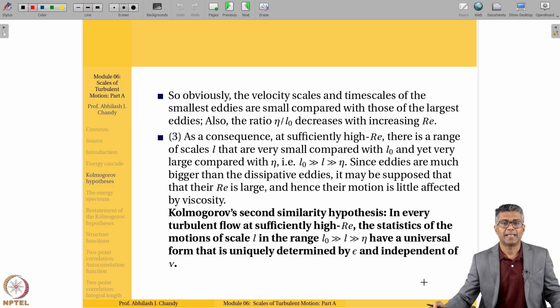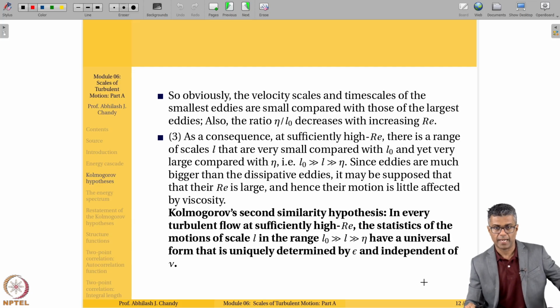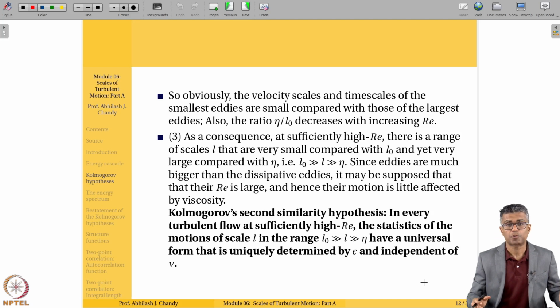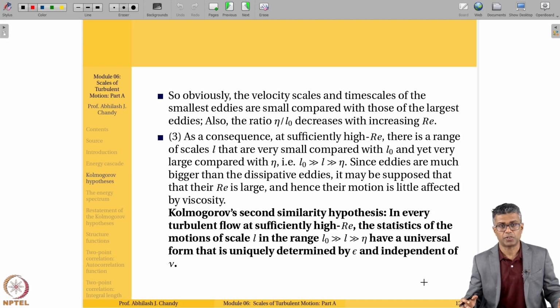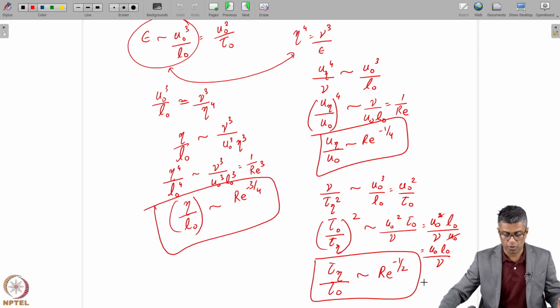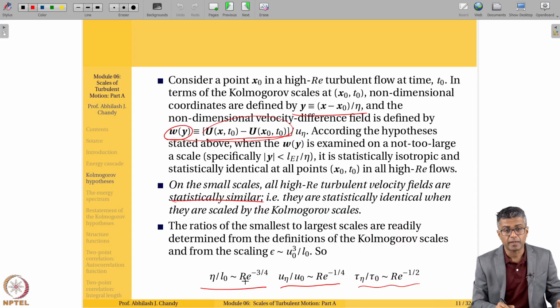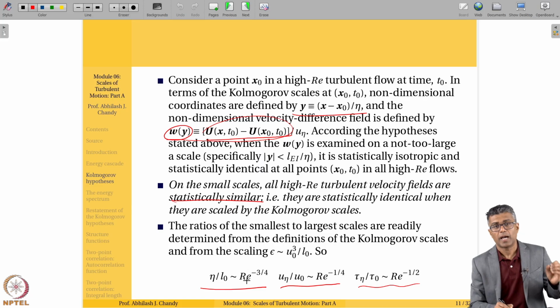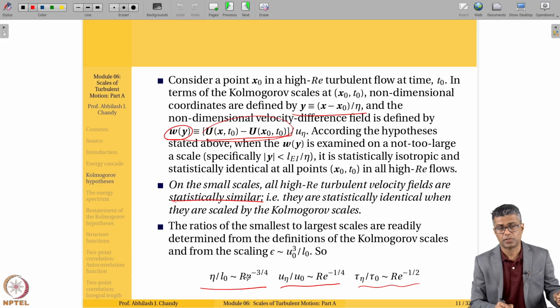This means that the velocity scales, time scales, and length scales of the smallest eddies are very small compared to the largest eddies. How do I know that? Look at this equation here. It is Re to the minus 3/4. We are considering a turbulent flow with a very high Reynolds number.